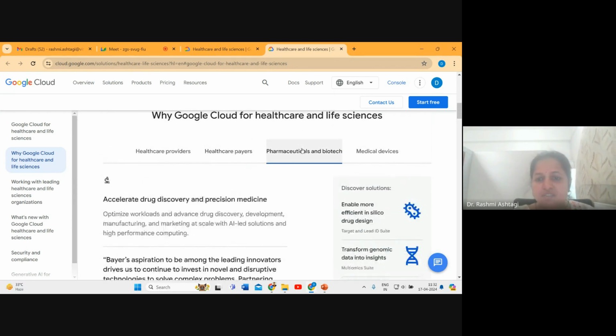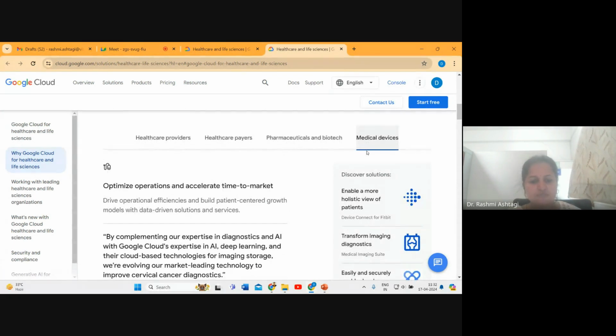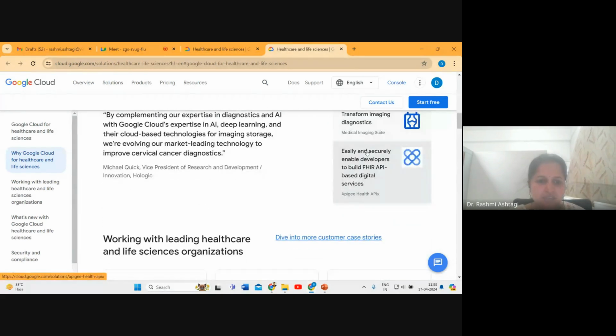So this is not available for us to use. We can't customize it. It is a commercial one. It can't be taken individually; it has to be a hospital, pharmaceutical companies, biotech companies, or medical device companies. Those sorts of organizations can take it.